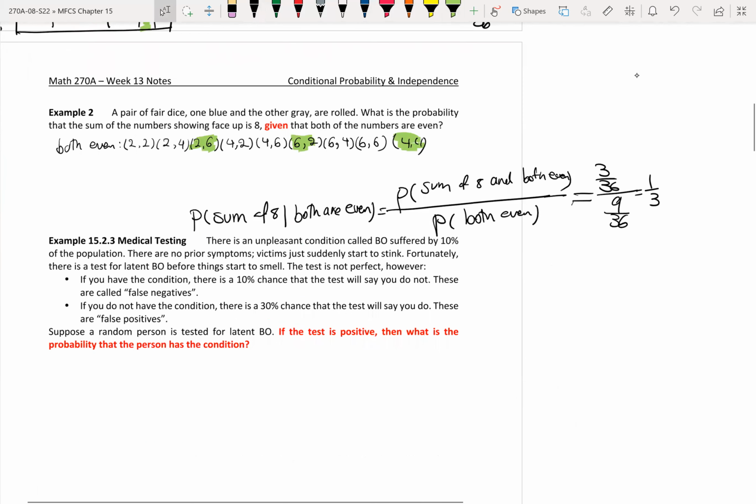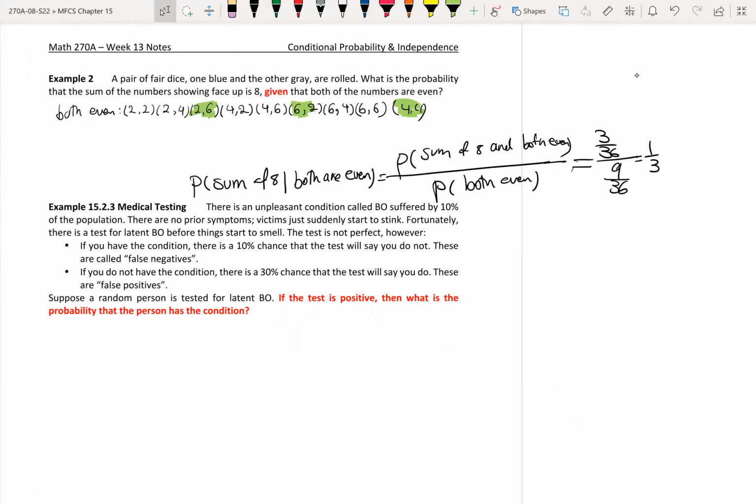That's just a problem that we tried many examples of in the previous class. So this is about what we call a false negative for a test and a false positive. There is a condition called BO suffered by 10% of the population. There are no prior symptoms. Victims just suddenly start to stink. Fortunately, there is a test for it before things start to smell. The test is not perfect.